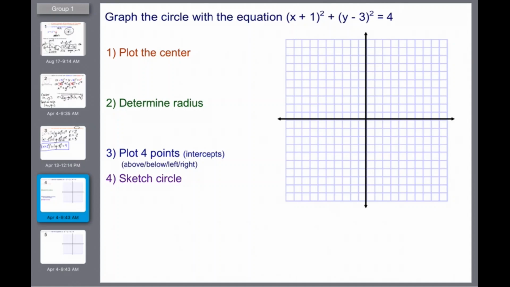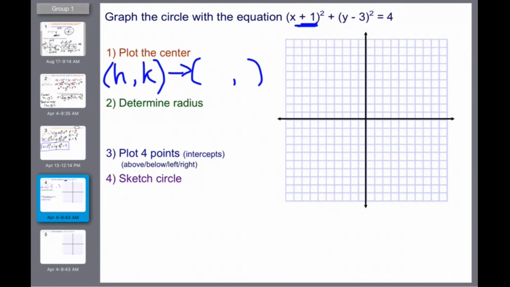All right, so first we want to plot our center. We need to be able to identify our center when we're looking at an equation. Again, our center is the point h, k. In this specific example, if we take a look at our equation up here, our h is attached to the x.